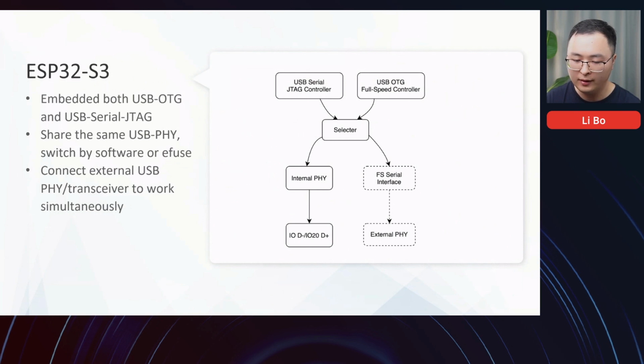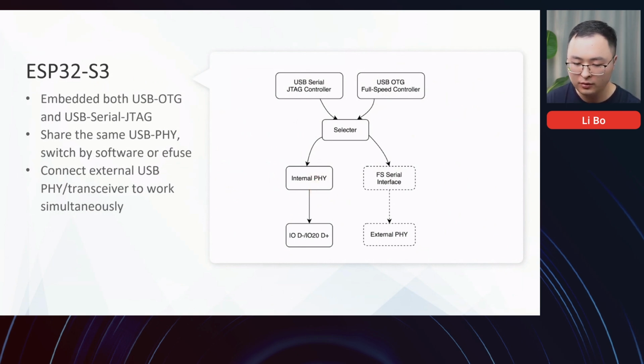If you want to use the USB-OTG function, you need to initialize the USB-OTG stack. The USB PHY will be switched to the USB-OTG internally during the stack start, and after the USB-OTG occupies the internal PHY, the USB-Serial-JTAG will be disabled.